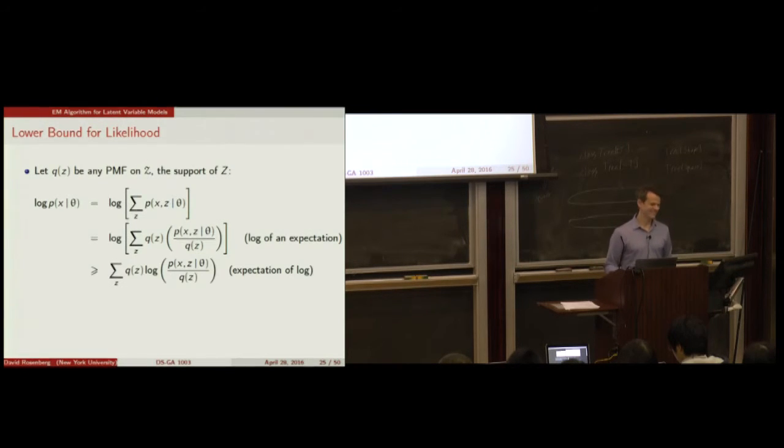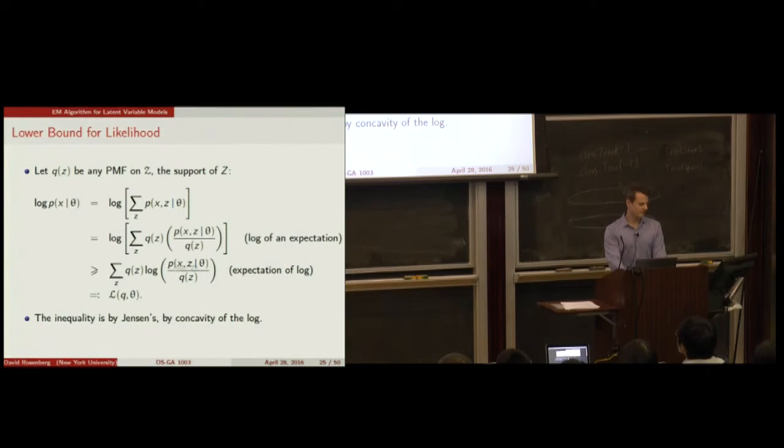Yes, greater than or equal to. So we switch the expectation and the log, and we get this expression. And then we define this final expression to be L_Q of theta. We're going to be doing a lot with this L_Q of theta in the remaining slides. This is something called our variational lower bound on the marginal likelihood. Okay.